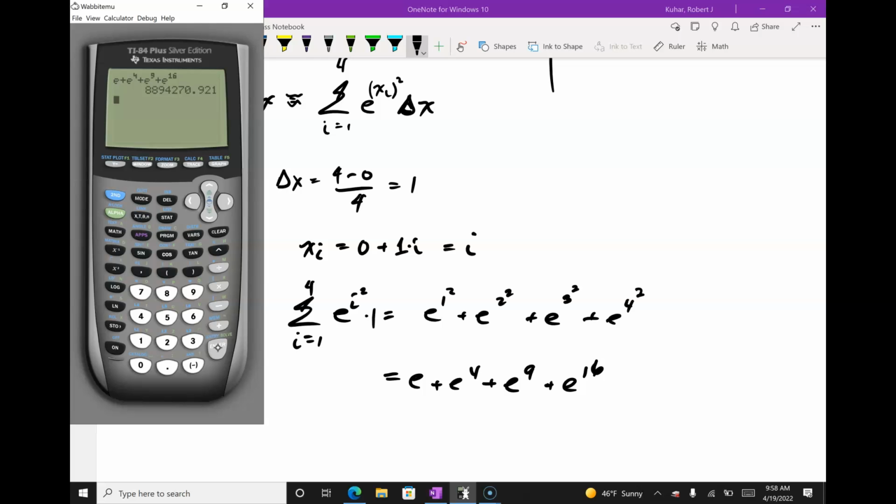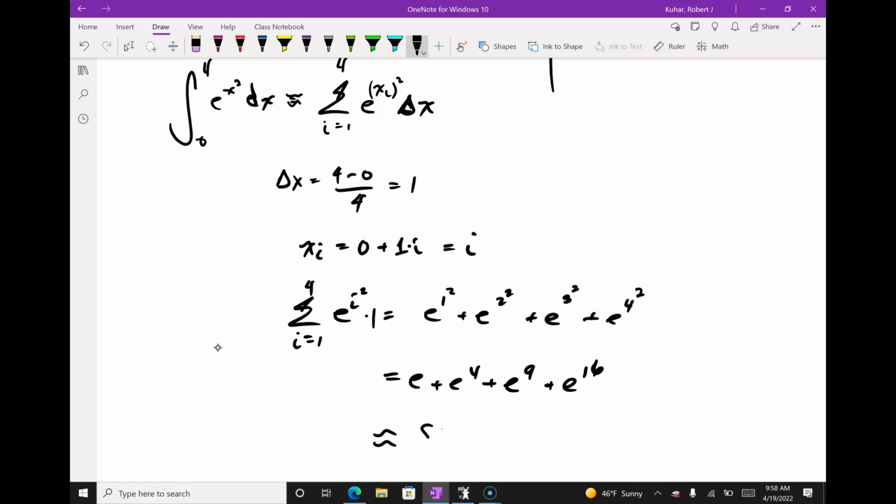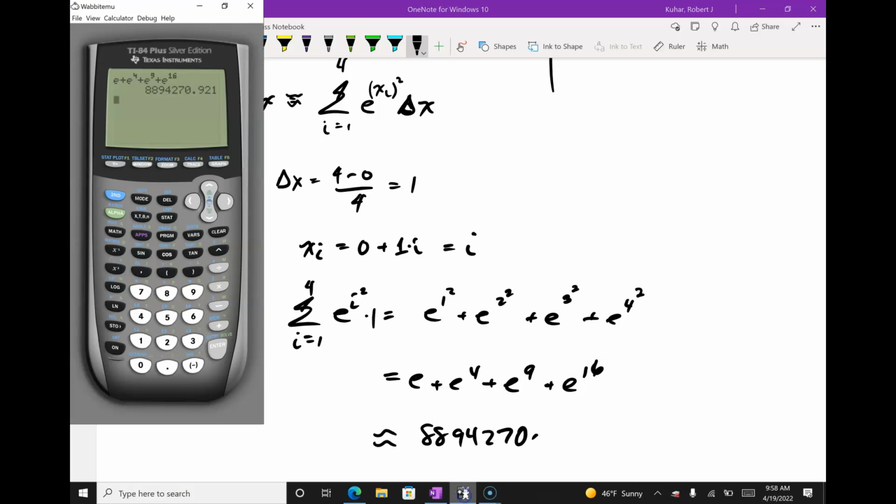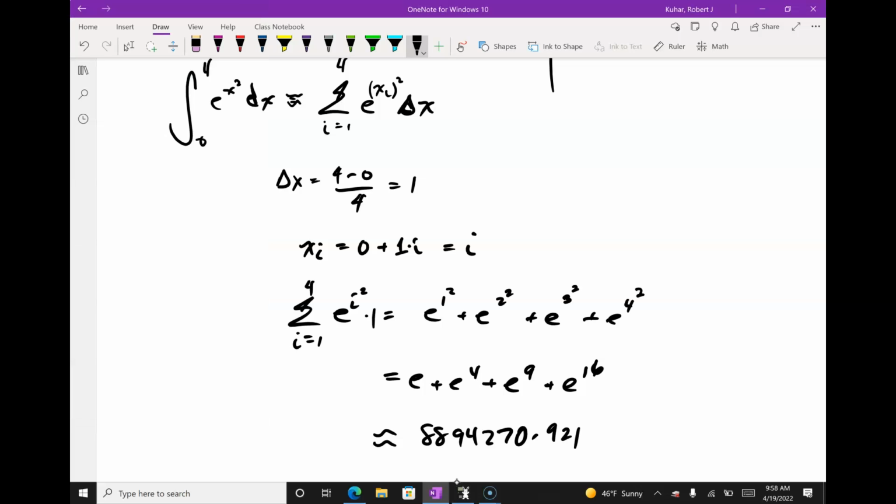That fourth rectangle is so tall, right? Even the third one I can't even see on the screen. So those two are giving me so much more. What do I get, 8 million here? Yeah, 8.9 million, certainly bigger than 1.1 million. 8894270.921.